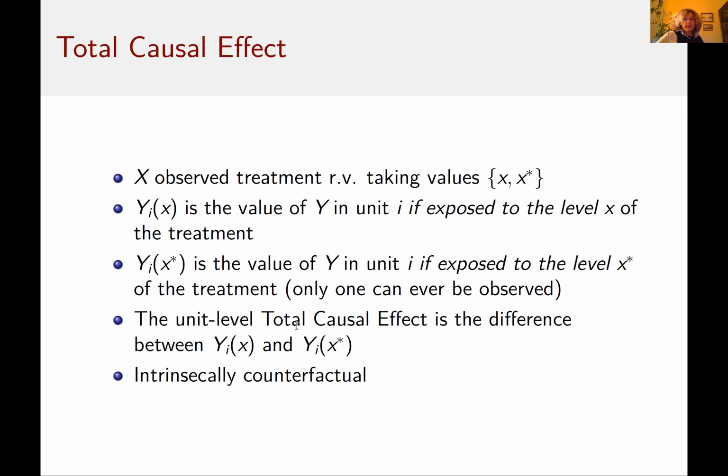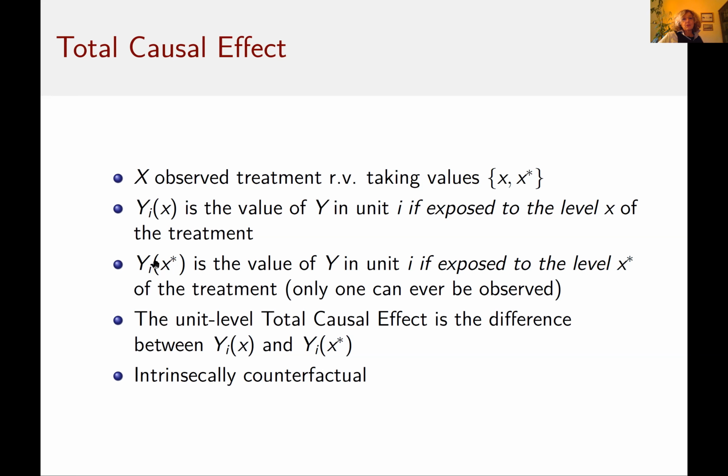So the total causal effect is, again, we have a treatment taking two possible values, and we introduce the potential outcome of Y, which is the value of Y in unit i if exposed to the level x, and I will denote it with Y_i(x) in brackets.